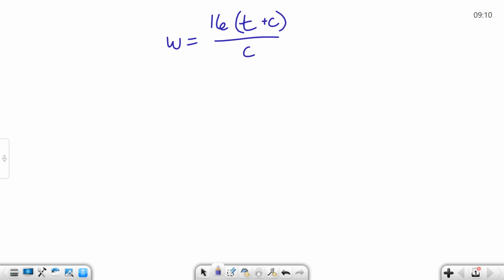The goal here, make t the subject. Like the last example, go ahead and pause, take a few minutes, and see what you come up with.